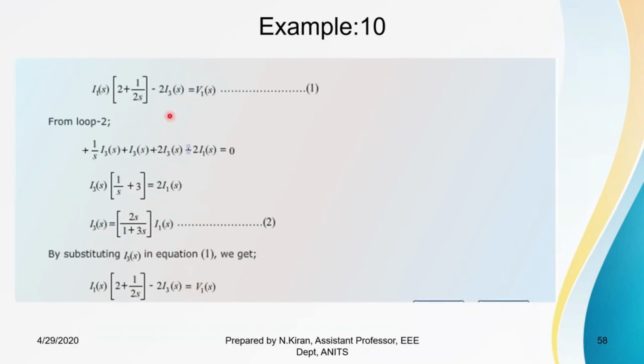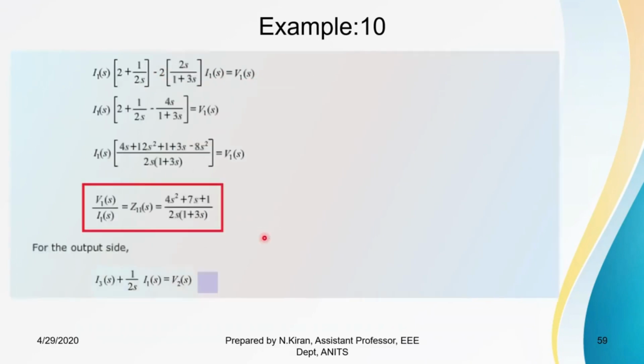In the first equation I want V1 by I1, so in order to eliminate I3, I have substituted the second equation in the first equation. On simplification, this gives me the value of Z11, which is V1 by I1 of s.